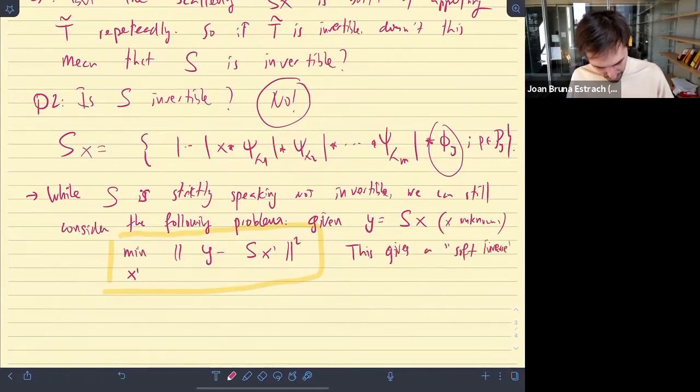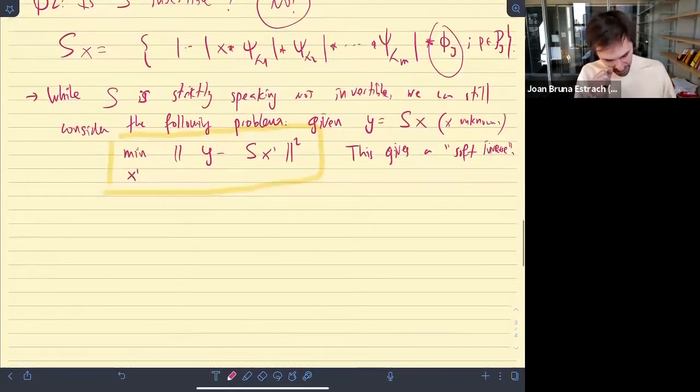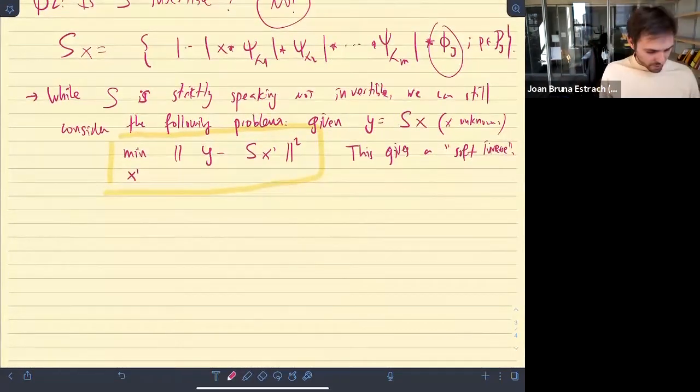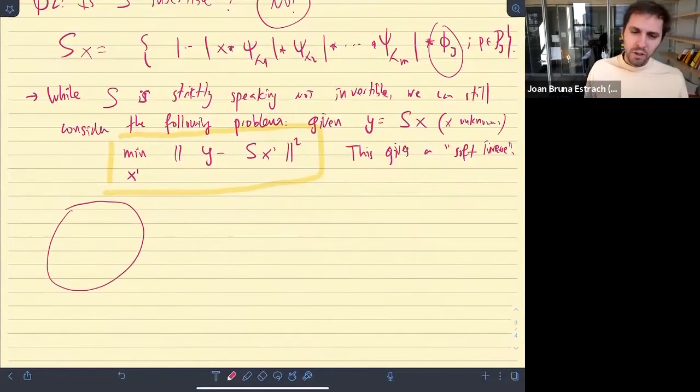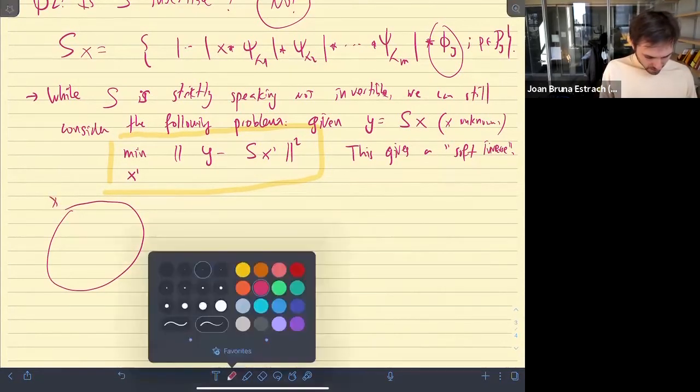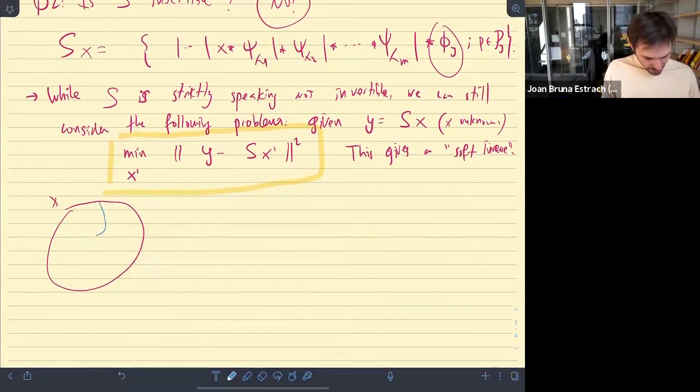Geometrically, if you think about what is happening, this is all the x's, and here we are looking at some set of x's, these are all the x primes such that S of x prime is equal to y.